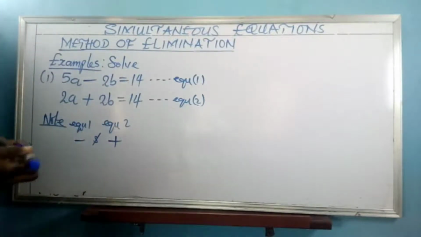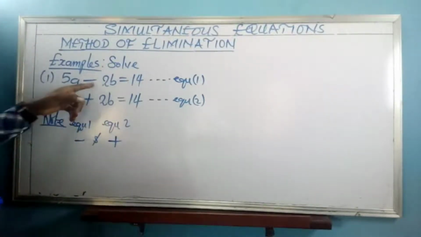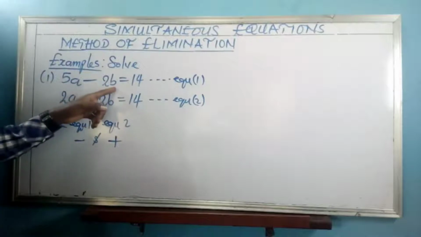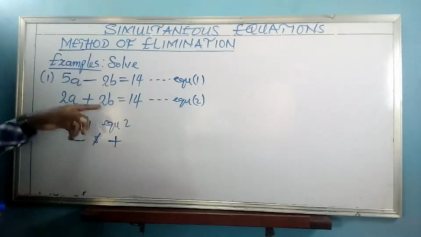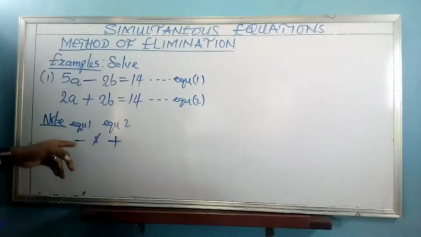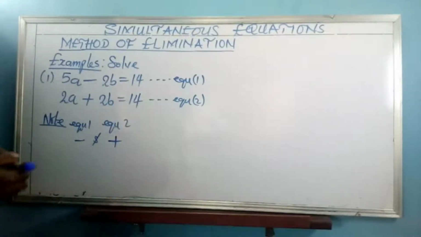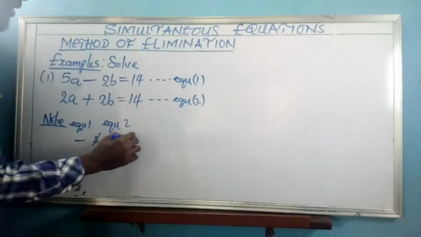Now look at this: equation 1 carries negative because I want to eliminate B, and equation 2 carries positive. Anytime you have it like that, positive and negative, you have to add the two equations together.